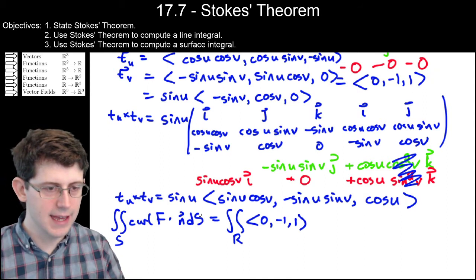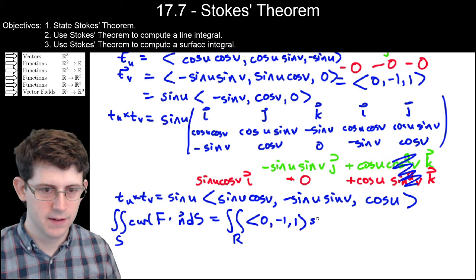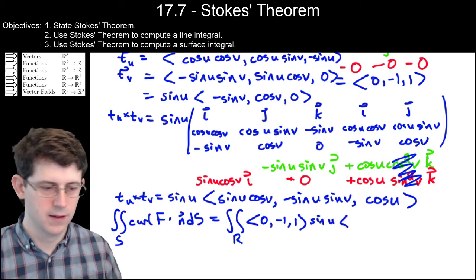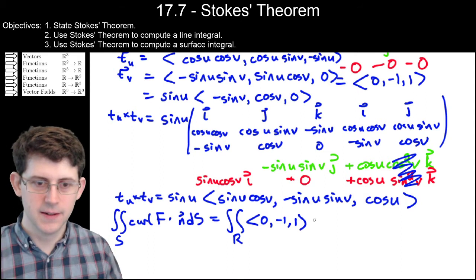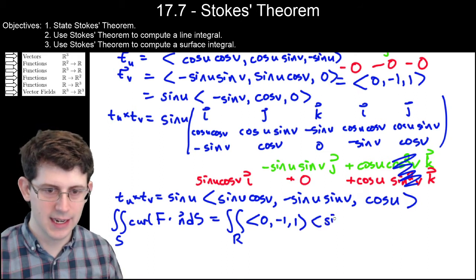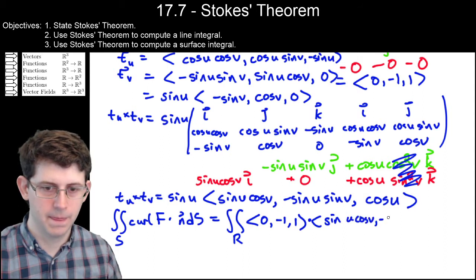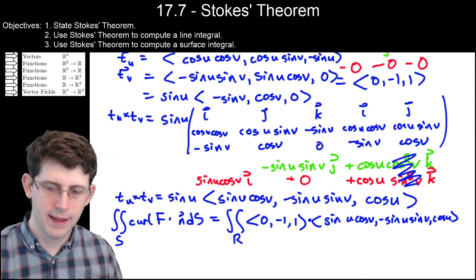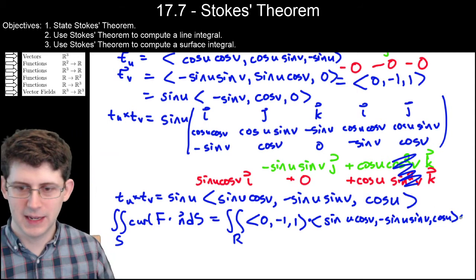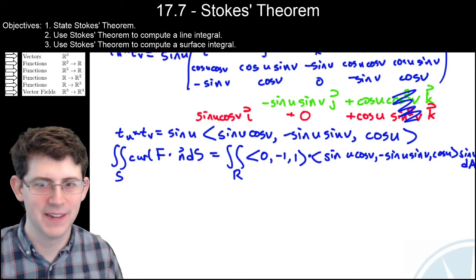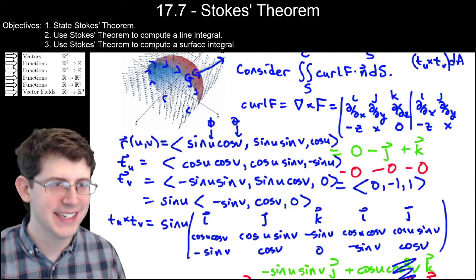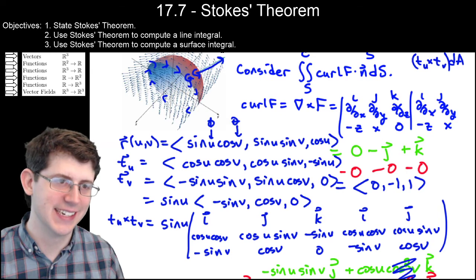And then n dS is all this stuff. Sine u is a scalar, so I'll just put it at the end, I guess. I'm worried that this is going to come out to 0 and that's going to make you sad. But whatever. It just kind of looks like those arrows aren't actually helping or hurting.